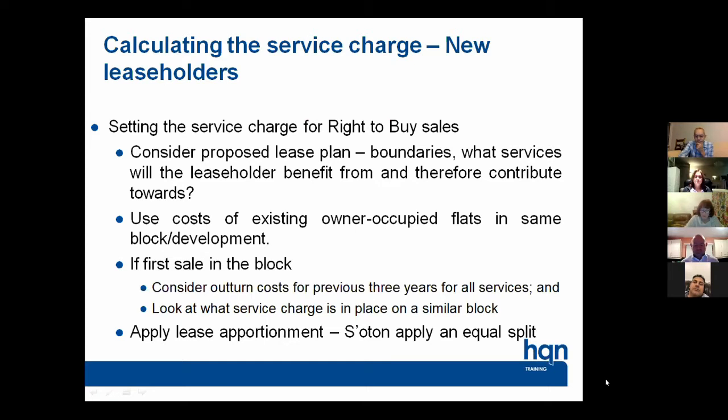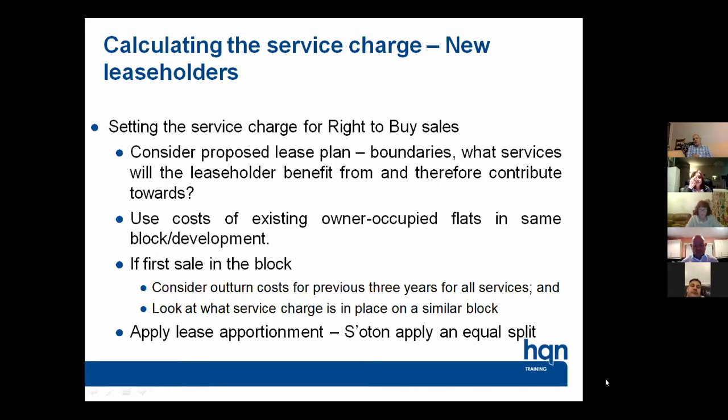Well, first of all, they need to know what the lease is talking about. What will the lease oblige them to provide as a service? And they need to look at what boundaries are going to be incorporated in the lease plan that attaches to the lease. What services will the leaseholder benefit from?